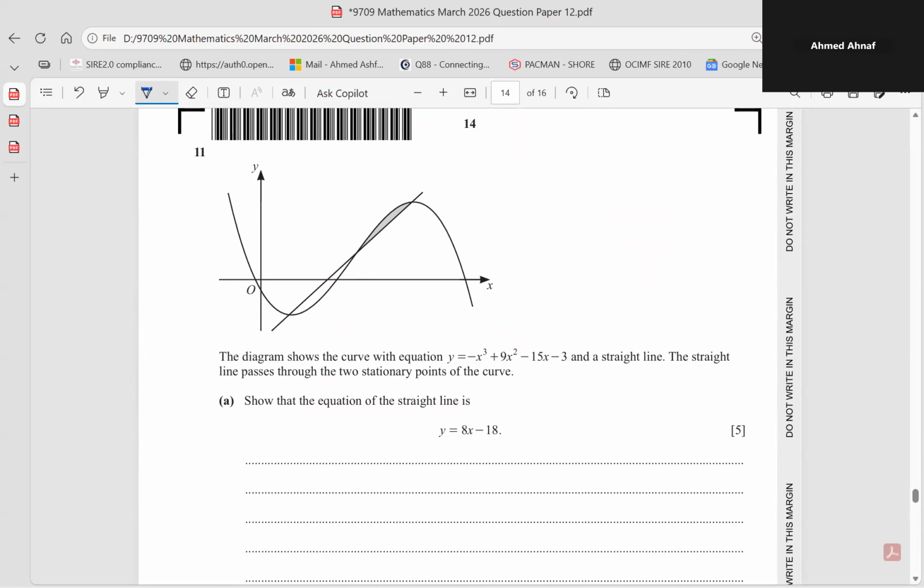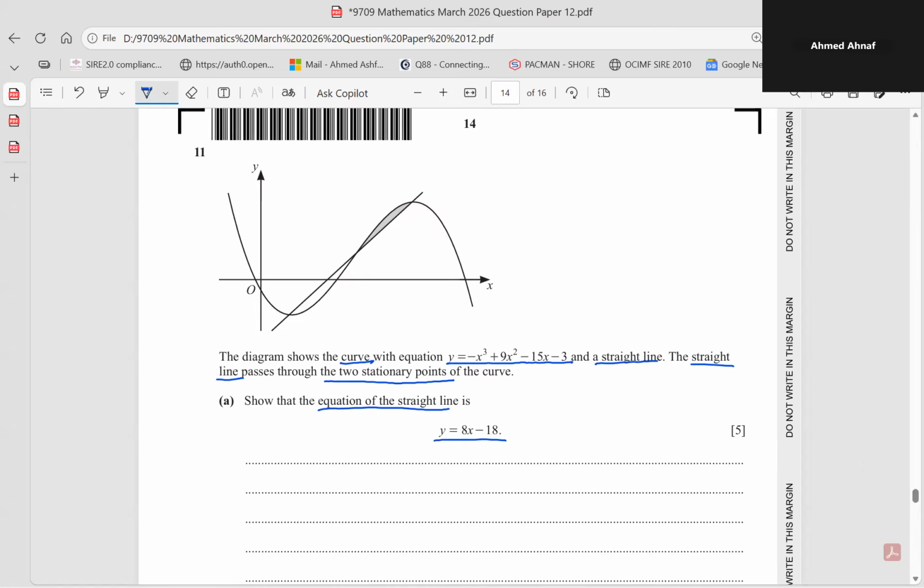Okay, so for this question, we are shown a diagram which shows the curve with this cubic equation and a straight line. We are also told that the straight line passes through the two stationary points on the curve. For the first part, we are told to show that the equation of the straight line is as such.